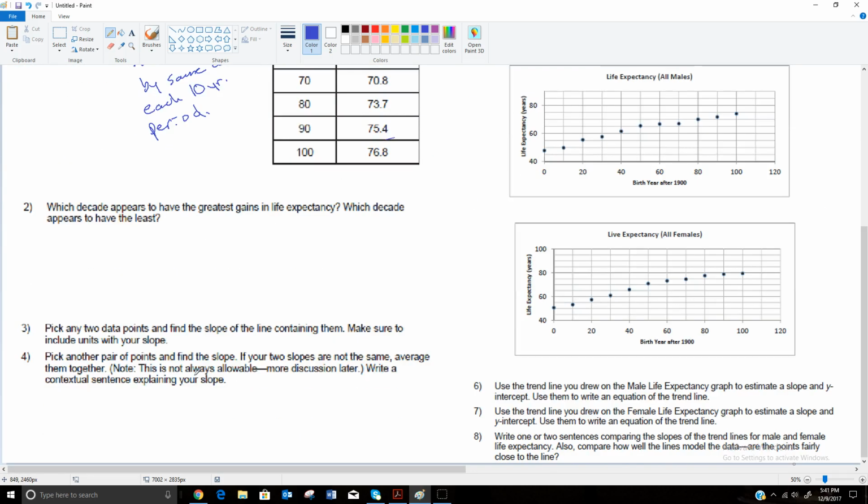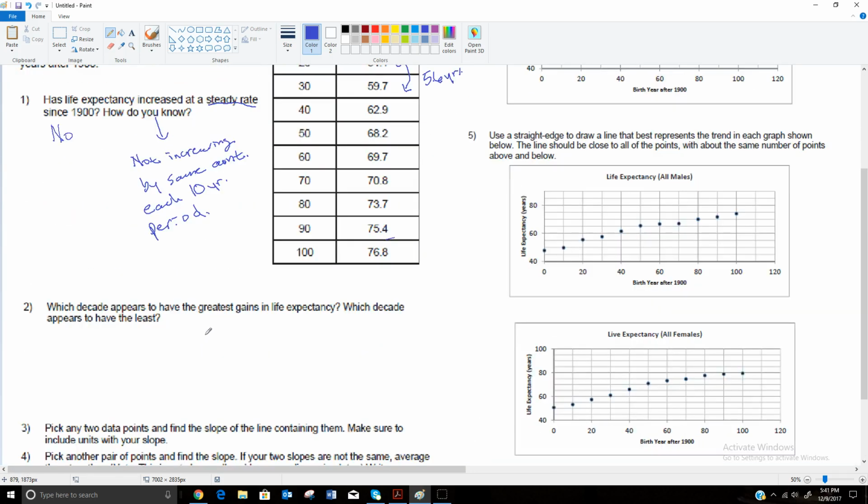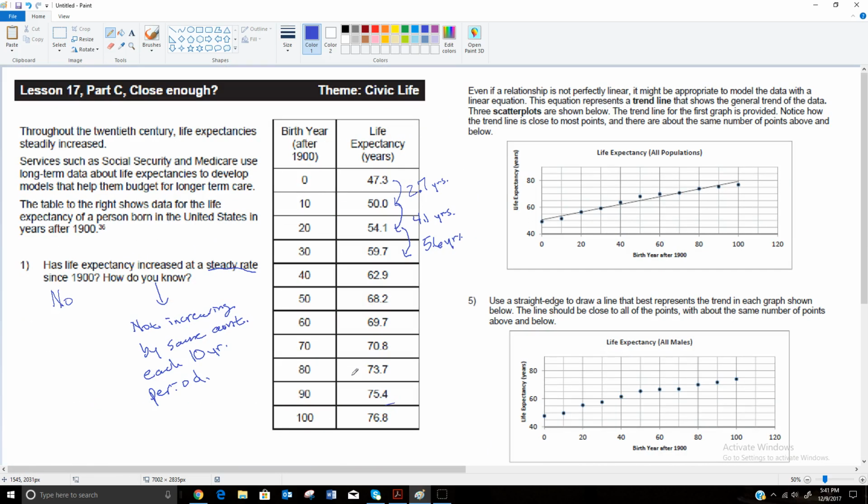Okay, so for number 2 it asks, which decade appears to have the greatest gains in life expectancy and which appears to have the least? So if we go up here, we can calculate these. From here to here, 59.7 to 62.9 would be 3.2. Hopefully I don't mess any of these up, just doing them in my head. So 62.9 to 68.2 would be 5.3.